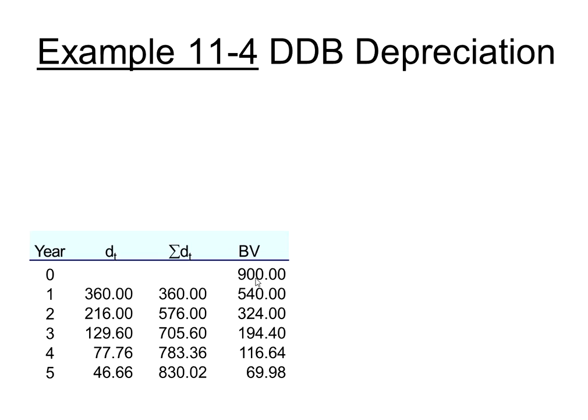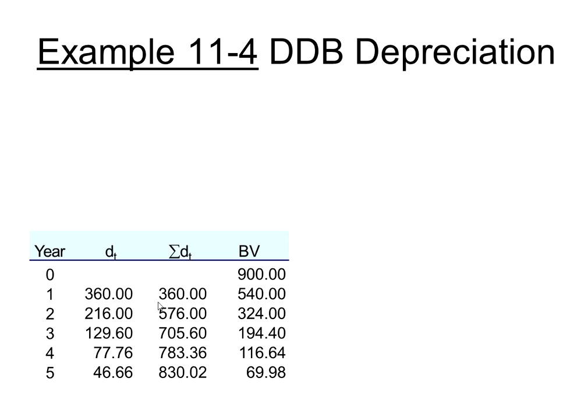So that would be 360, and then the summation of all the previous depreciation amounts is still 360. So we subtract that from 900, and then it gives us 540.